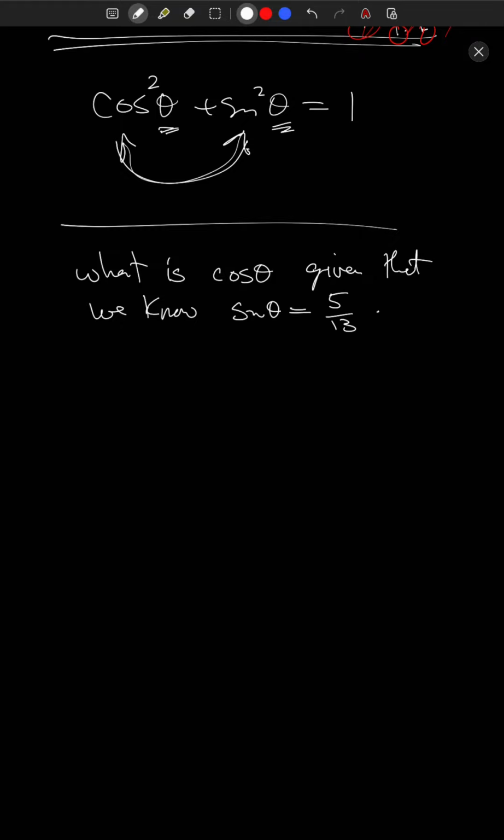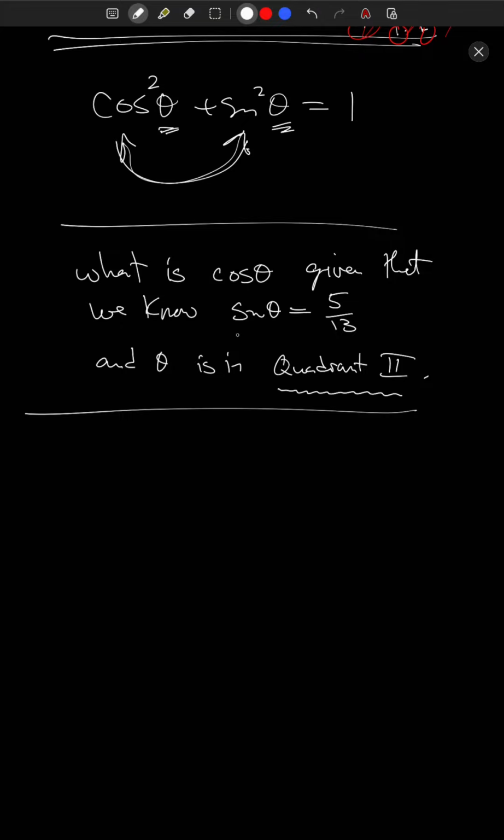Okay. Sorry, I need one more bit of information. And theta is in quadrant 2. All right. This is an interesting problem because we don't even know what theta is. We only know it's in quadrant 2, and we know sine of theta is 5 over 13. So the question is, what is cosine theta?